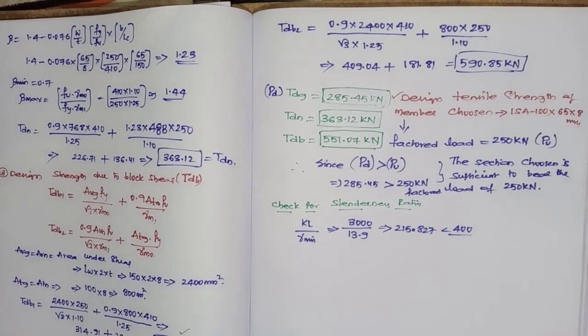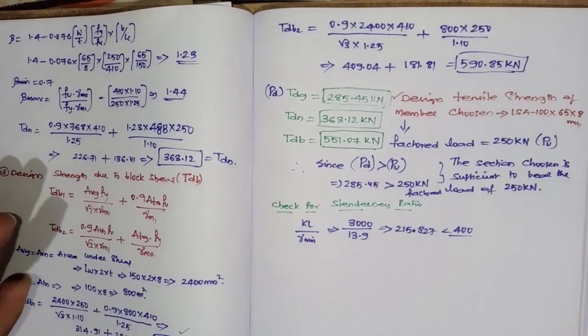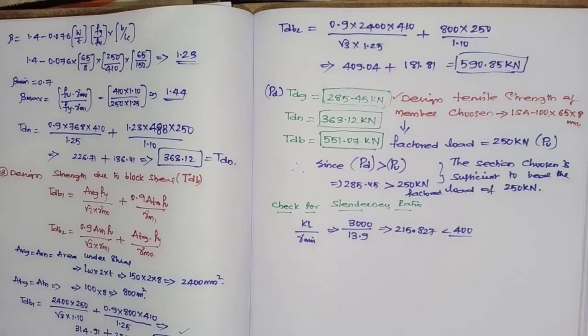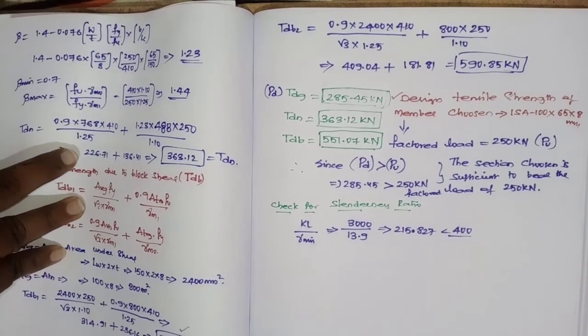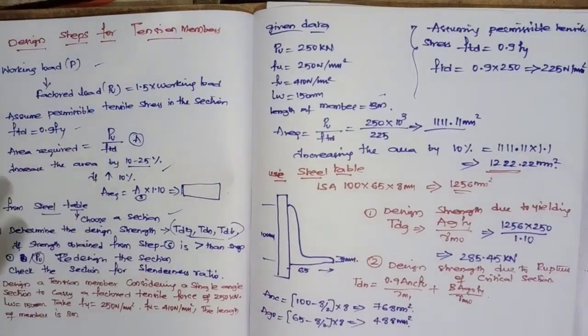So this is the single angle section design problem. Next, for the double angle section, what will be different from this problem? The load given here, 250, has to be made half.